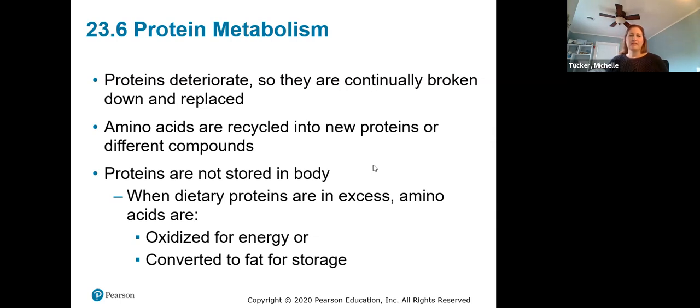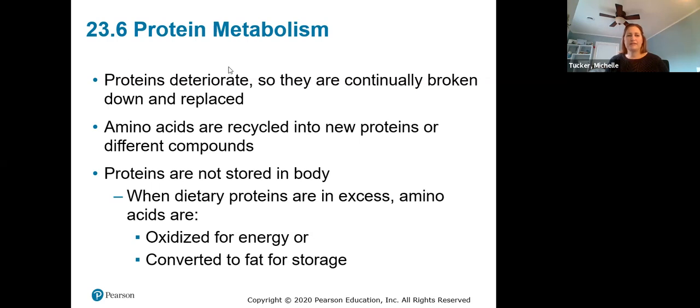One of the differences with carbohydrate and fats is it can be stored in those forms. So glucose can be stored as glycogen, fatty acids can be stored as triglyceride. We don't store amino acids as proteins.